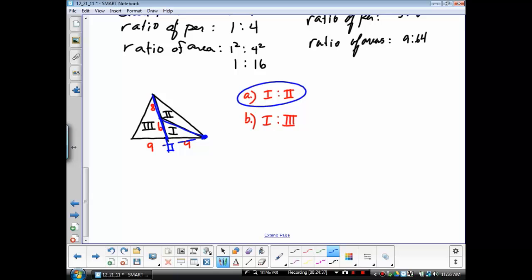That'd be the height of both of them. So the ratio of their areas is the ratio of their bases. So triangle 1 and 2 is going to be a ratio of 6 to 8, which reduces to 3 to 4. You want to take the order they give you. So if they go 1 to 2, that's what you want to have. Okay, now 1 to 3 is the question.